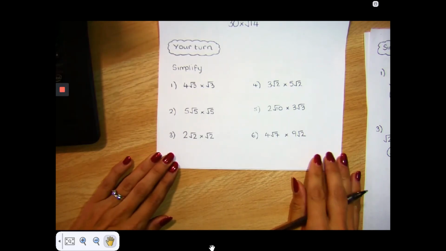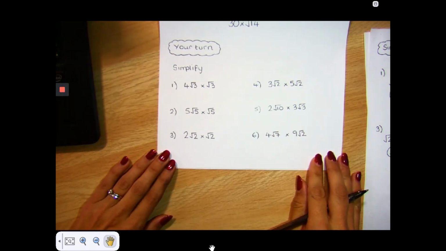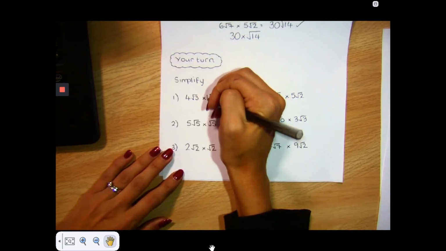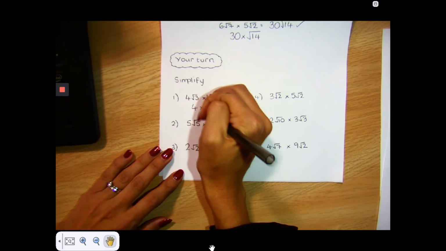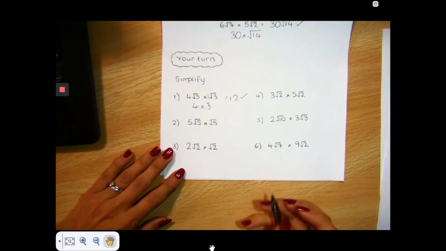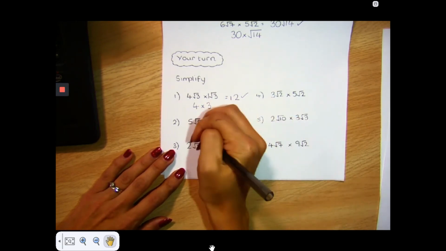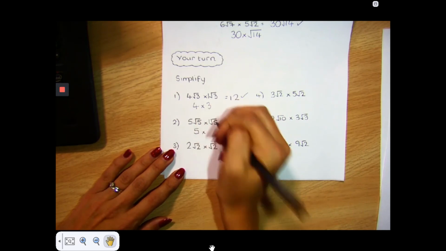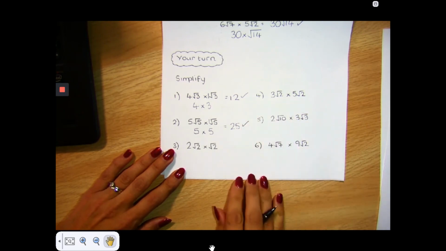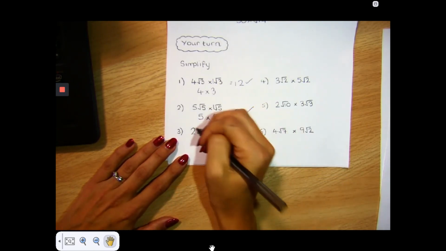Answers for this one: 4 times 1 is 4, root 3 times root 3 is 3, and 4 3s are 12. 5 times 1 is 5, root 5 times root 5 is 5, and my answer for that one is 25. 2 times 1 is 2, root 2 times root 2 is 2, so that is 4. Number 4, 3 times 5 is 15. Root 2 times root 2 is 2. So that is 30.